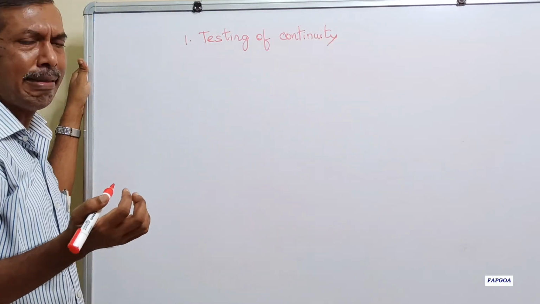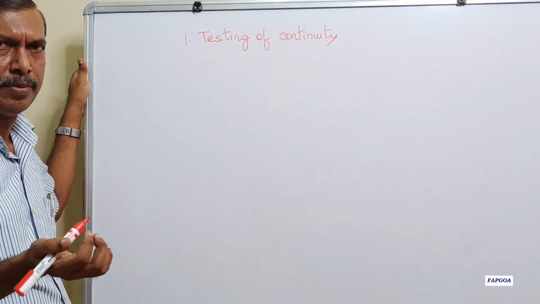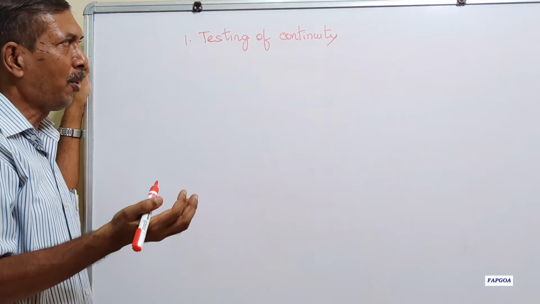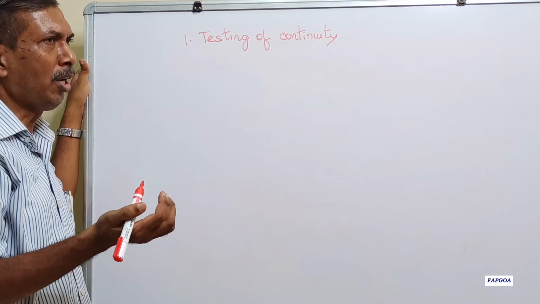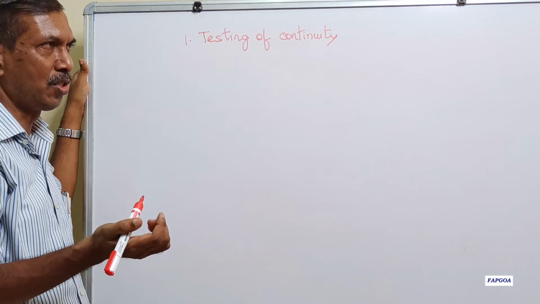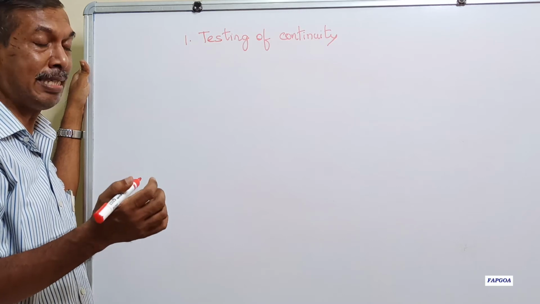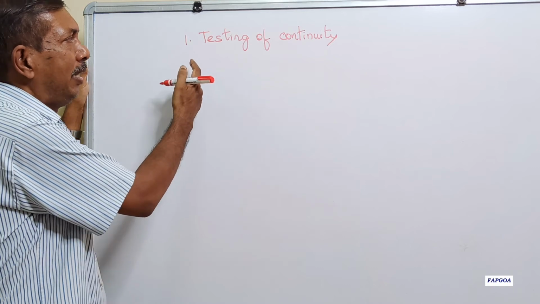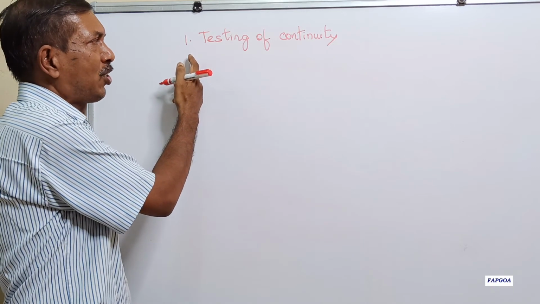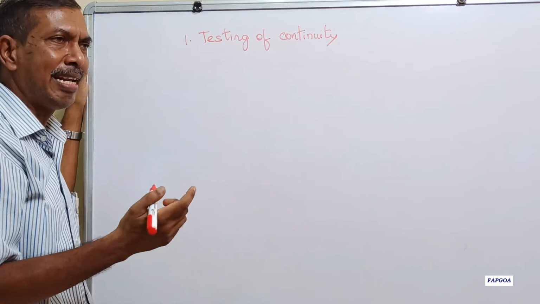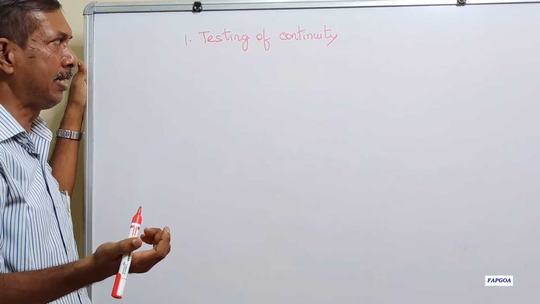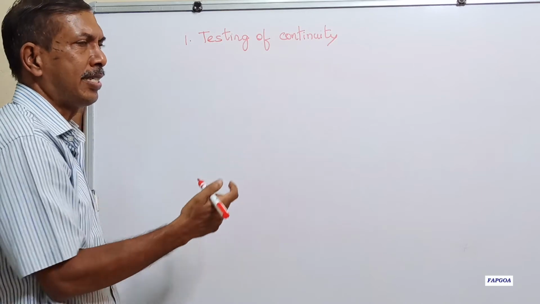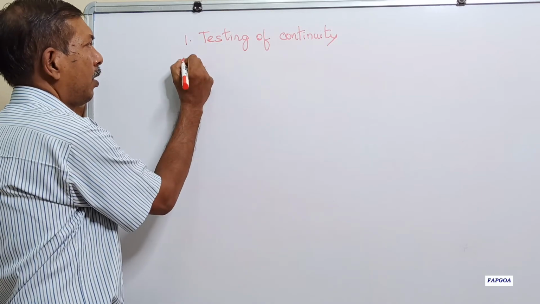Suppose your electric iron is not working, you have to test it in series. In laboratories, when you are working on circuit diagrams, you have to first test in series before giving the supply. So series connection is used for testing of faulty appliances, or in other words, for testing of continuity.